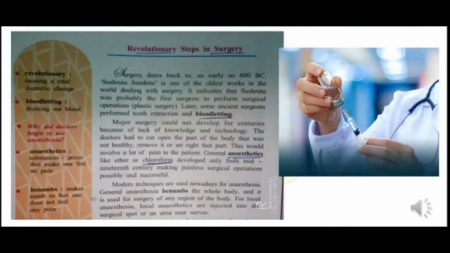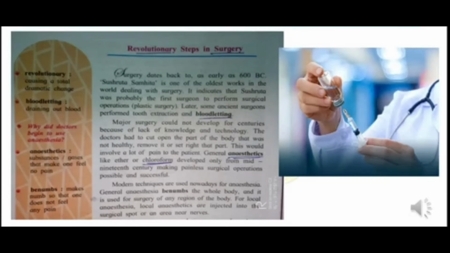So nowadays in modern technology most doctors use anesthesia so that the patient does not feel the pain while operating, and it can be injected in any part of the body where the operation is taking place so that that particular part stays numb. General anesthesia numbs the whole body and it is used for surgery of any region of the body.